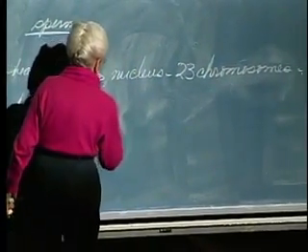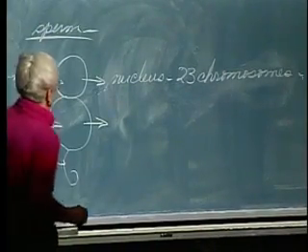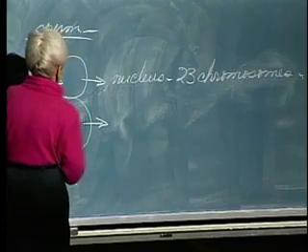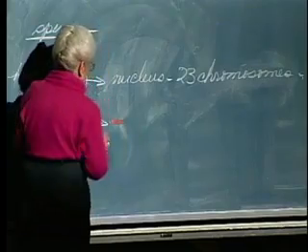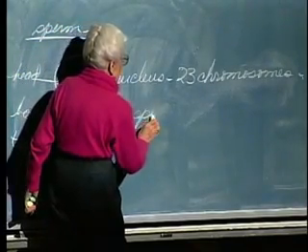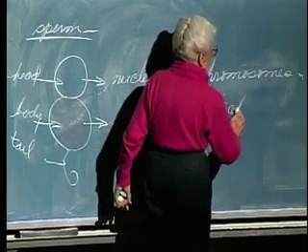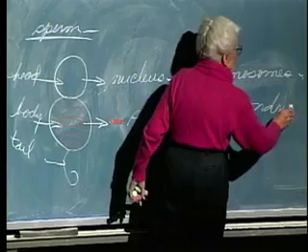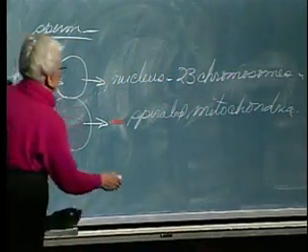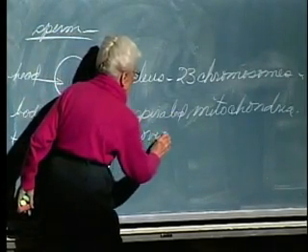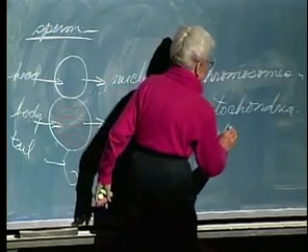The body, what does it have? Mitochondria. It has spiraled mitochondria. The mitochondria then will provide the energy for the movement of the tail.